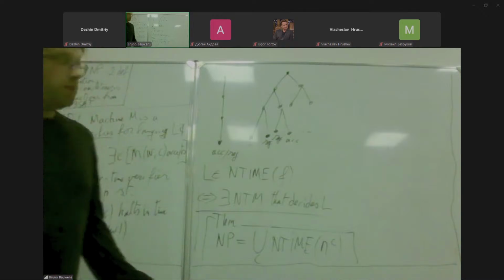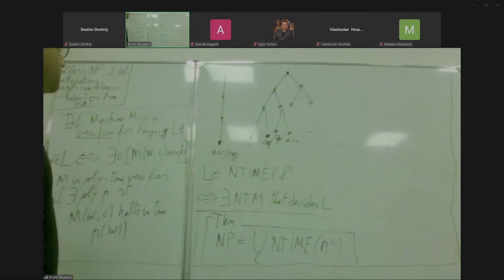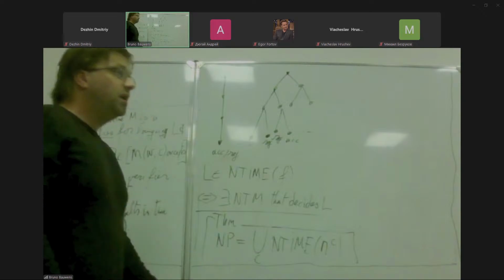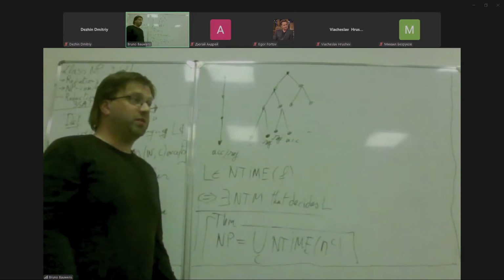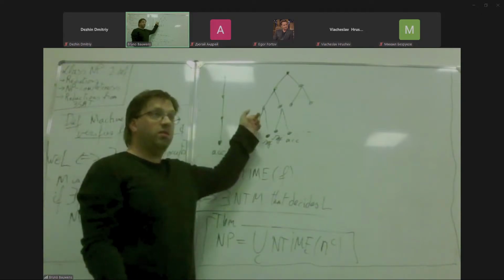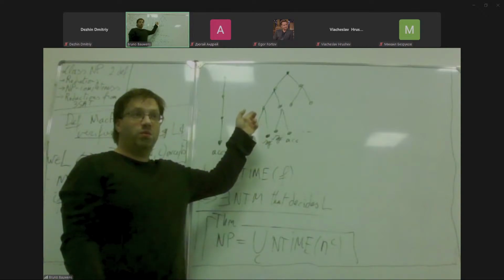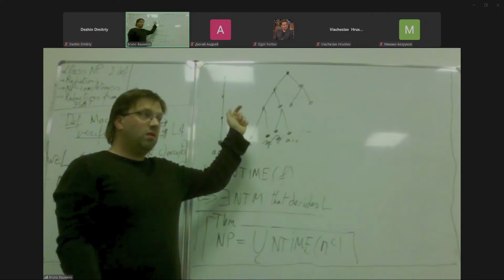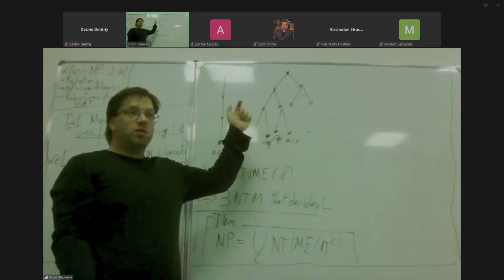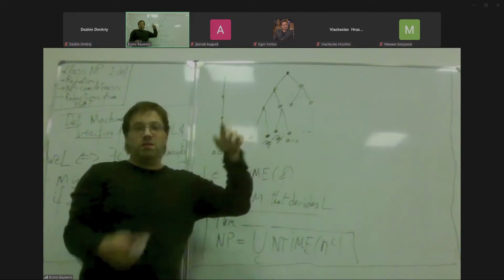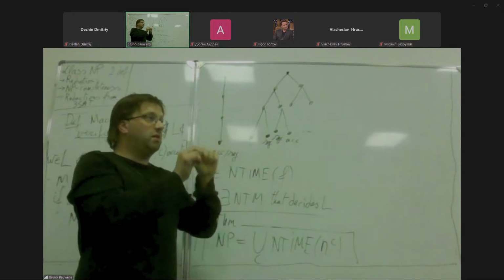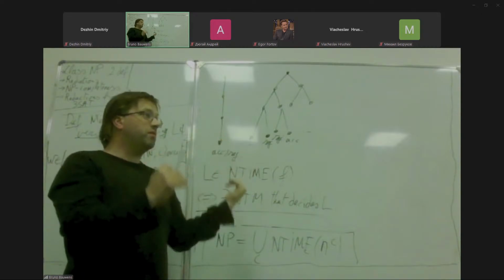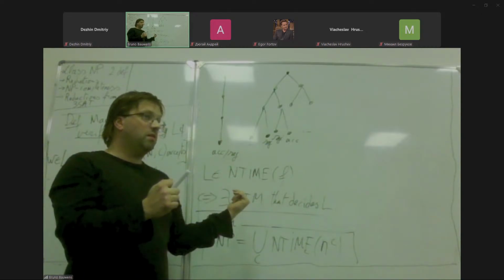Yes. So let us look at one of our problems. Oh, I already deleted it. The integer programming problem can also be solved by a non-deterministic Turing machine. So how could we do it? In integer programming, the question is, does there exist a vector such that a bunch of inequalities are satisfied?